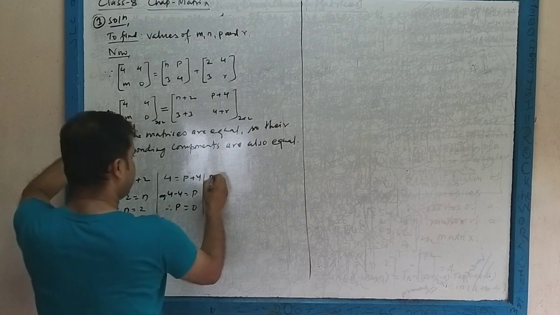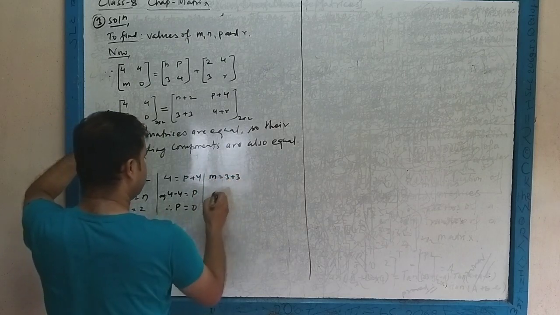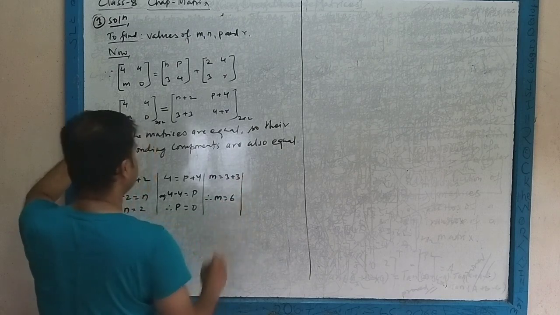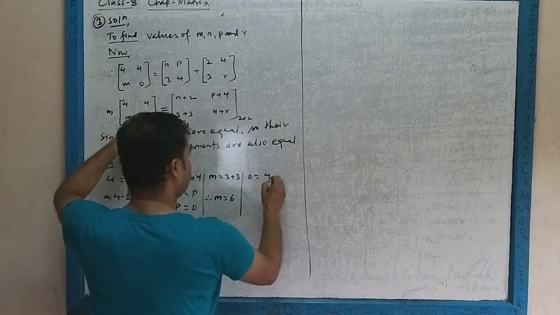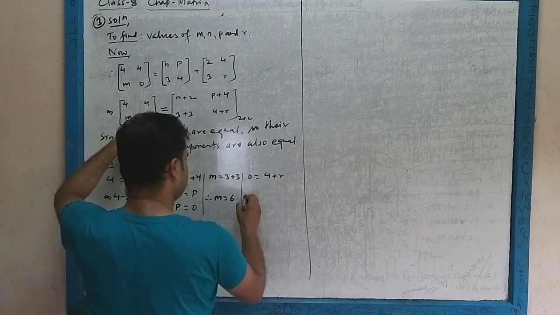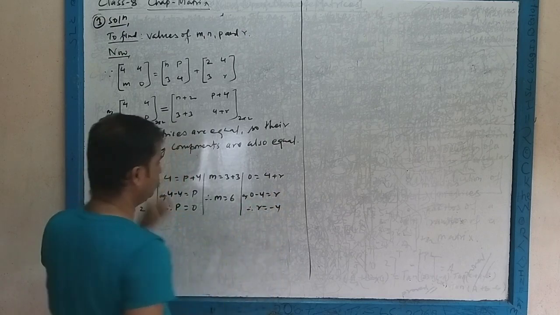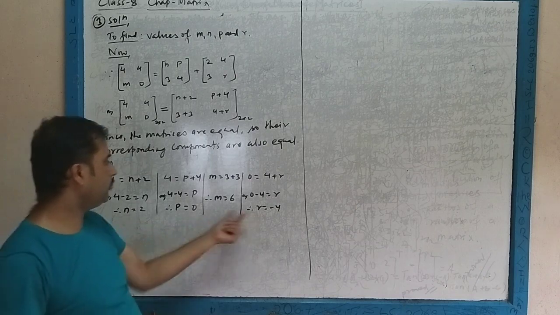So here m is equal to 3 plus 3. Therefore, m is equal to 6. Okay, this also we have done. Go for this. 0 equals 4 plus r, or 0 minus 4 equals r, therefore r equals minus 4. So we have got the values of all.